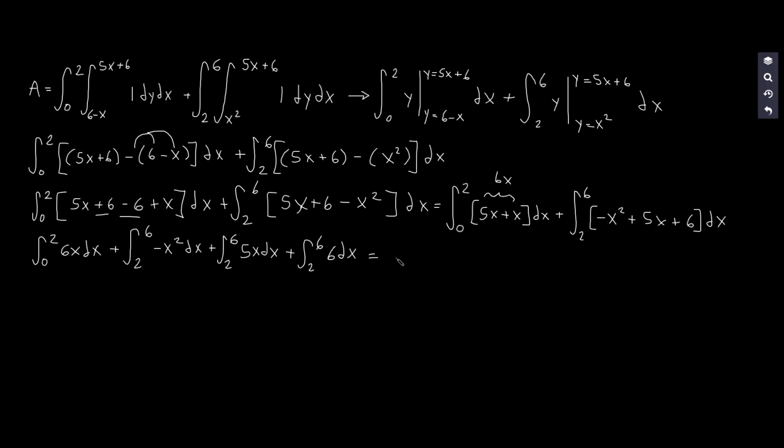6 gets factored out. Evaluating this is going to be 6 times x squared over 2, evaluated from 0 to 2. That is evaluated from x equals 0 to 2, plus the integral from 2 to x.